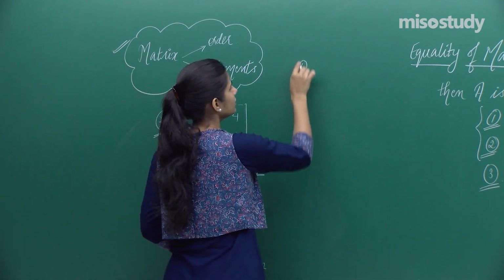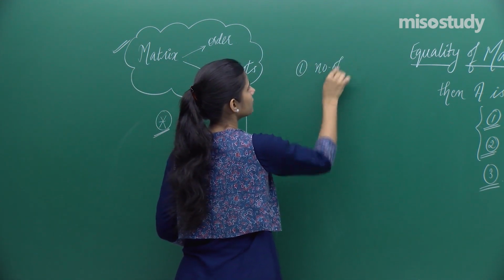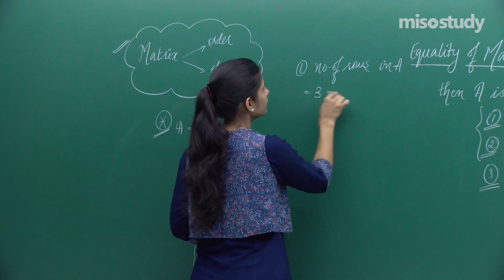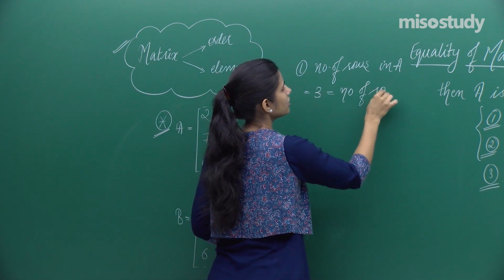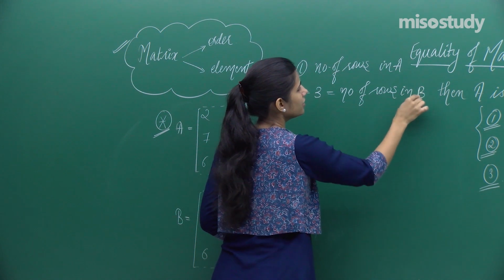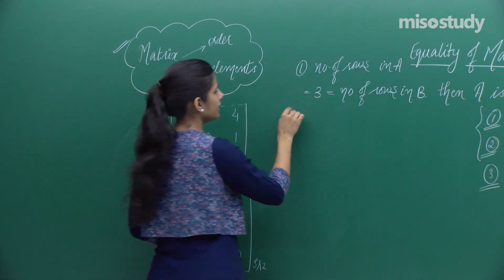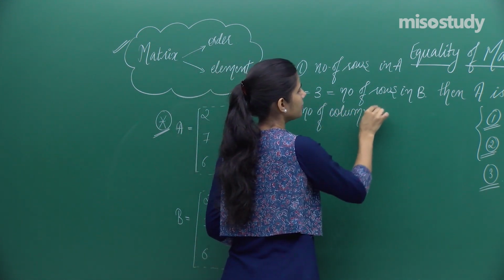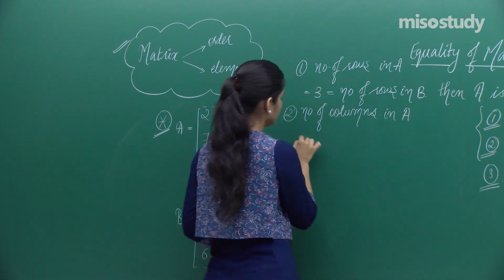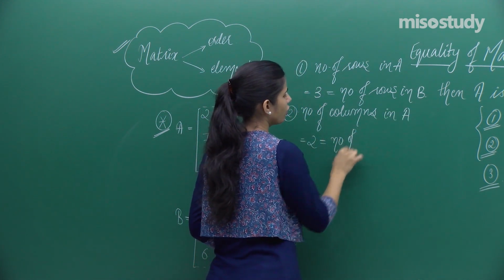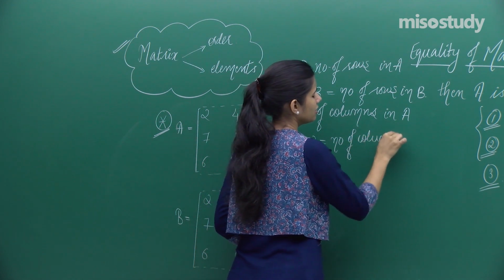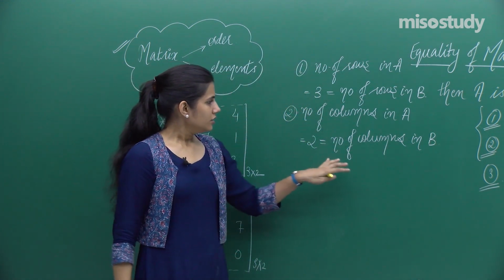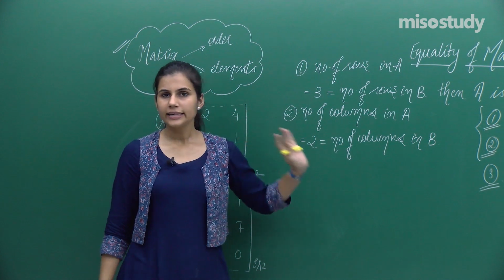So the first condition: the number of rows in A is 3, which is equal to the number of rows in B. Secondly, the number of columns in A is 2, which is equal to the number of columns in B. Is it understood? Once this much is done, that means the rectangle is exactly identical.